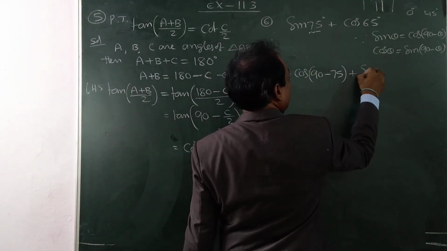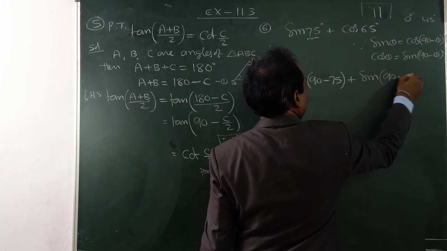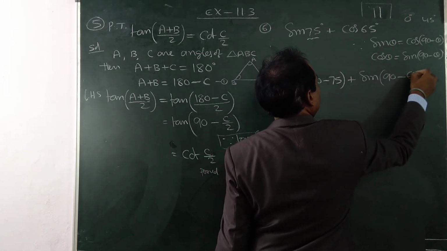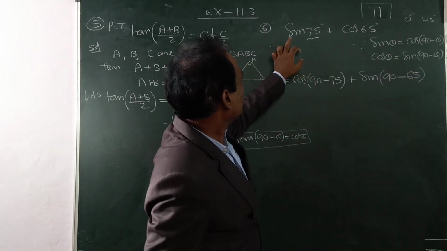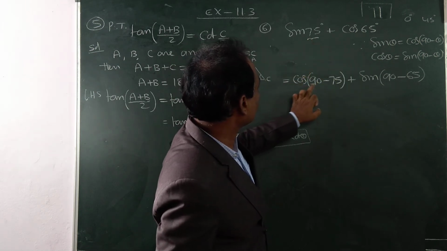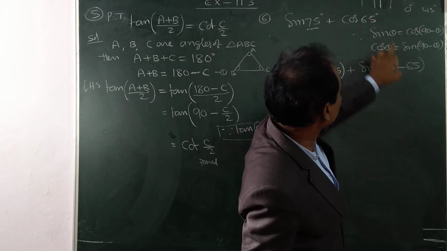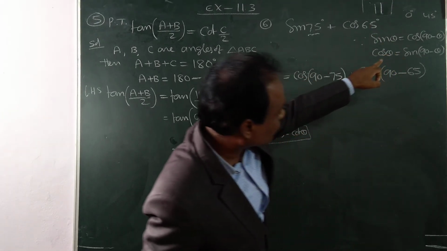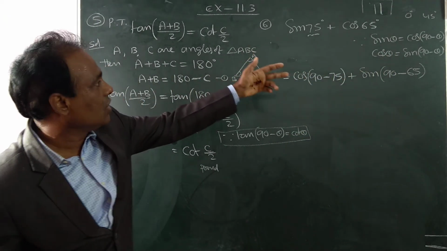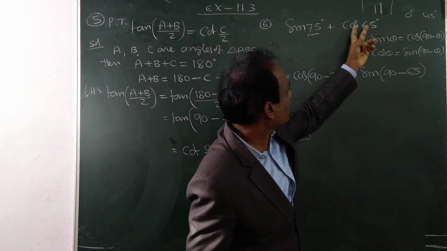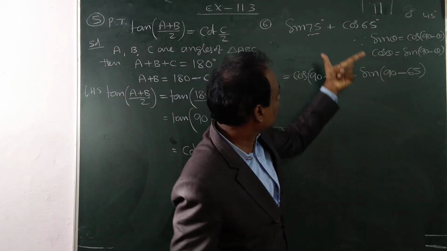Cos theta is written as sin 90 minus theta. So I wrote the two formulas. Just compare this with this formula and this with this formula. So how did I change it?